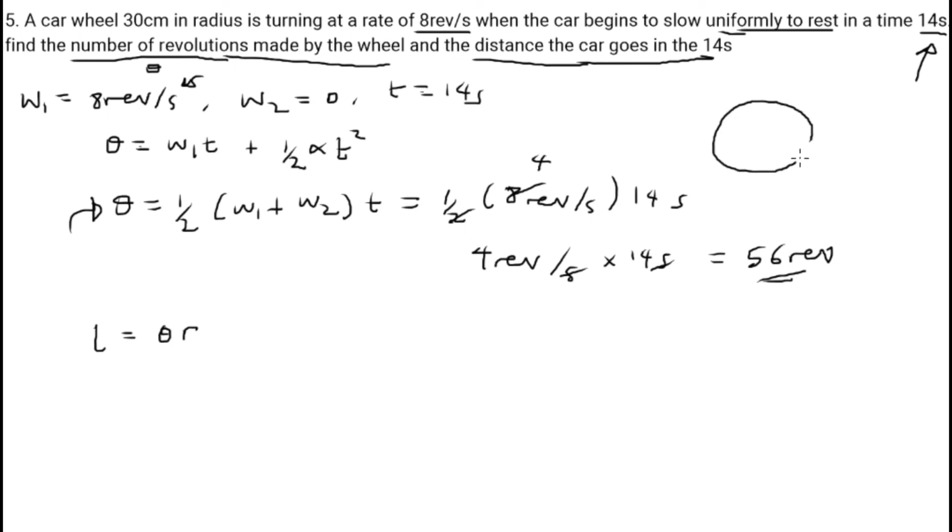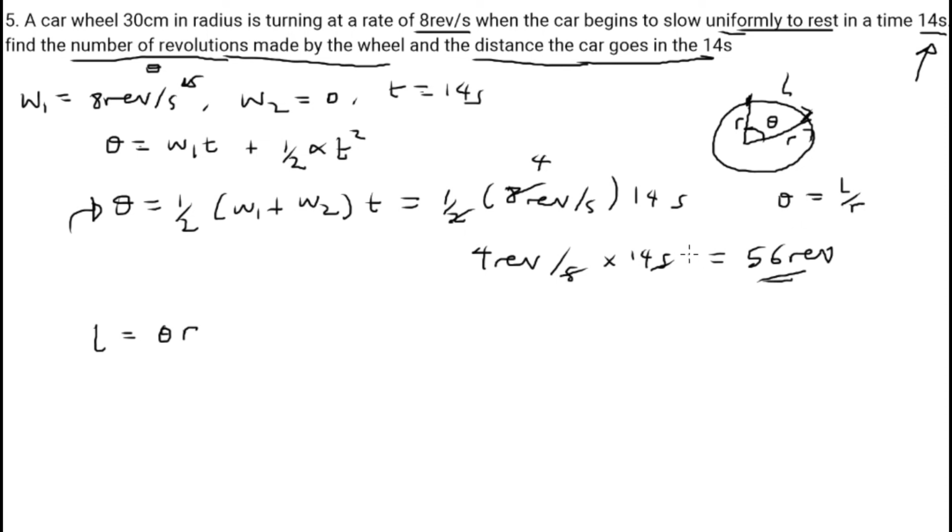Notice that L, which is the linear distance, is the same thing as the circumferential distance, that is, distance along the circumference of that circle. So the distance from this point to this point is L. It is at a particular angle where this is the radius r. From this one to this one is another radius. This is at angle theta, and that's why theta is always equal to L upon r.